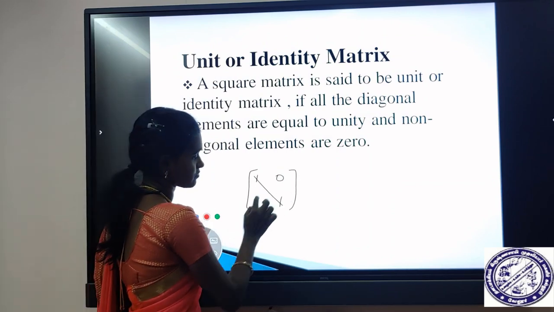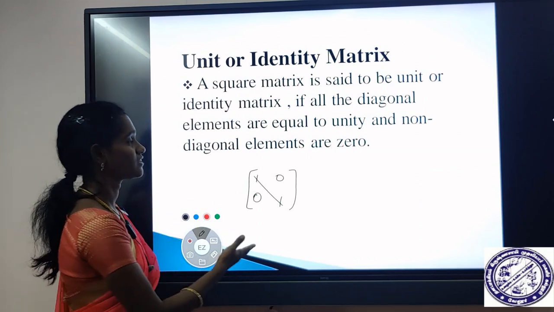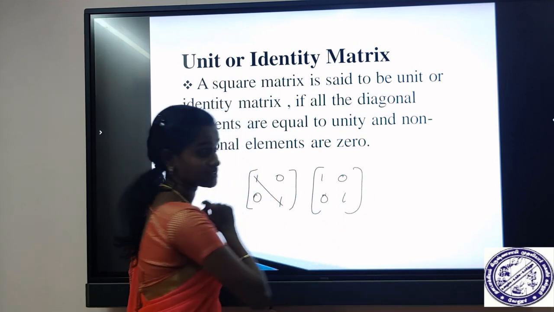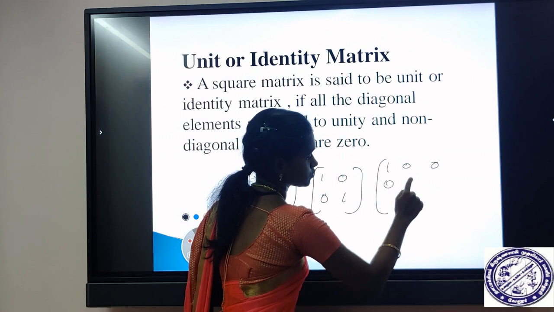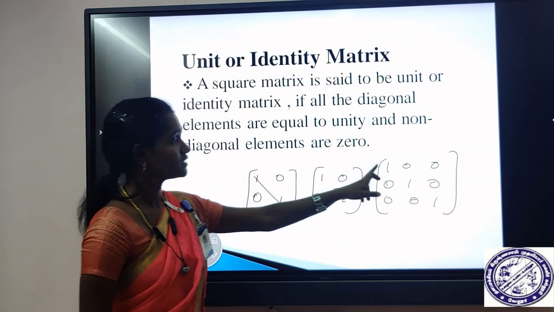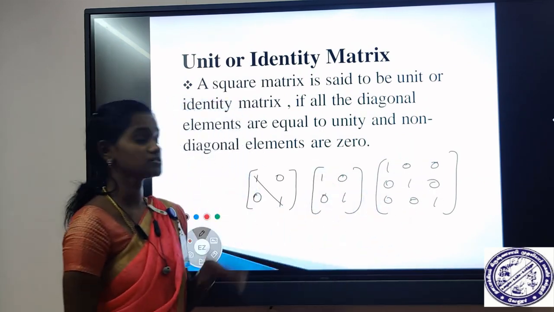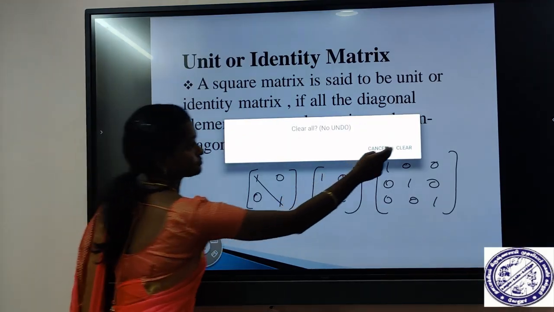Square matrix means like this, with the diagonal elements as 1 and the non-diagonal elements as 0. So this is called a unit matrix. For example, 1 0 0 1 is an example. Another example is 1 0 0, 0 1 0, 0 0 1. Here also the diagonal values are 1 and the non-diagonal values are 0. This is another example of a unit matrix.